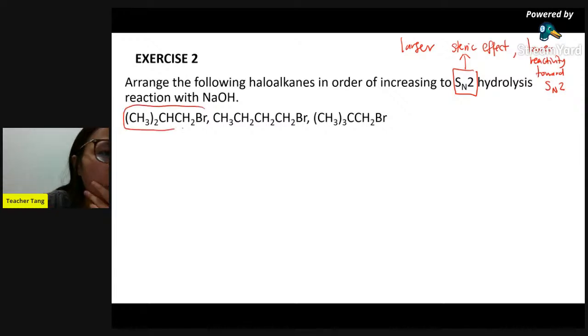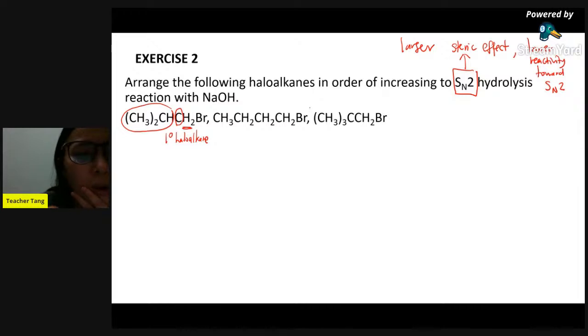Now shall we look at this? So this carbon has 2 hydrogens, so it is a primary haloalkane, 1 alkyl group. This carbon, 2 hydrogens as well, 1 alkyl group, so also primary haloalkane.